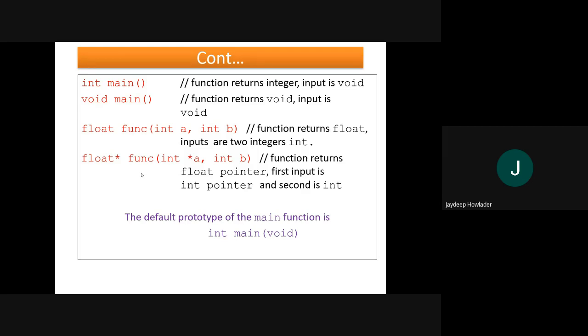It may be character, pointer, integer, short, float, and so on. Your return types may also be any data type which is available in your C programming environment. The prototype of main is basically the default type of main declaration. In most cases we are using the prototype of main as main void returns integer.